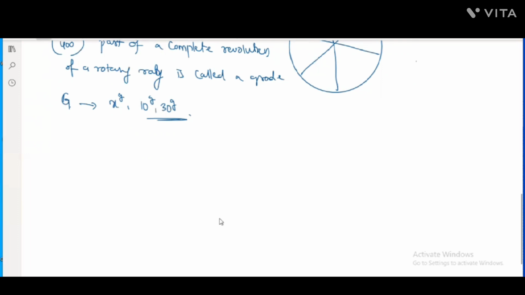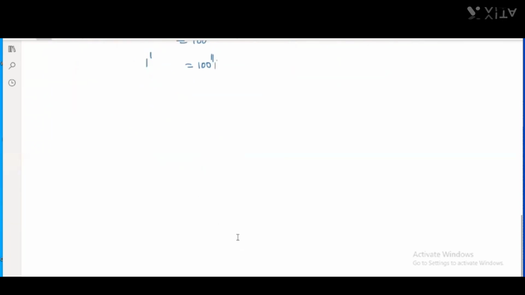Here 100 grades is equal to one right angle in this system. One grade is equal to 100 minutes, and 1 minute is equal to 100 seconds, in the centesimal system.